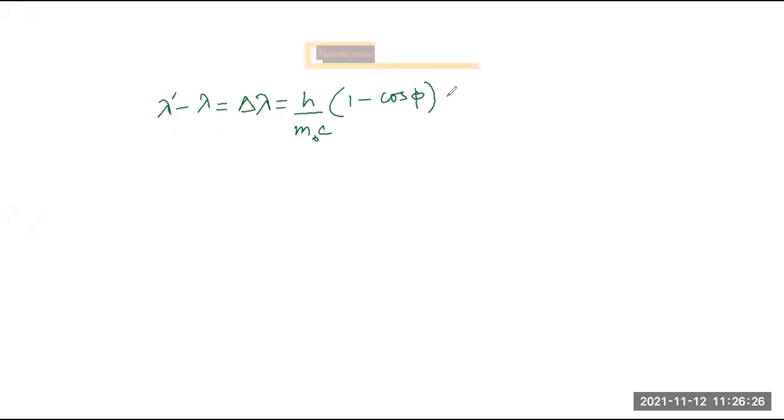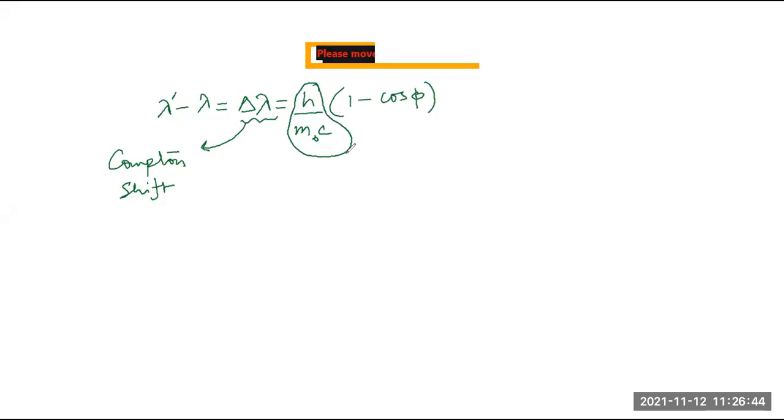This is the Compton shift, and this is called lambda C, or the Compton wavelength.